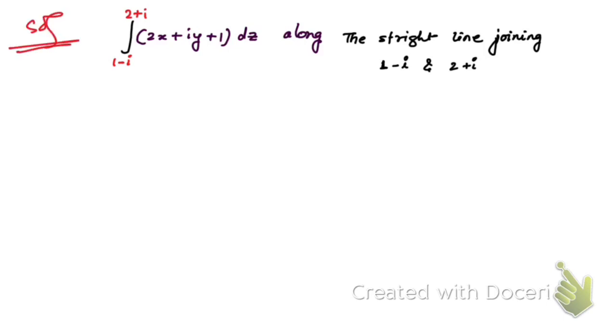So here the equation of the line, you can write this one as integration of f of z dz, from 1 minus I to 2 plus I.